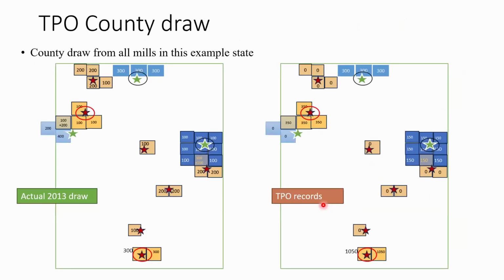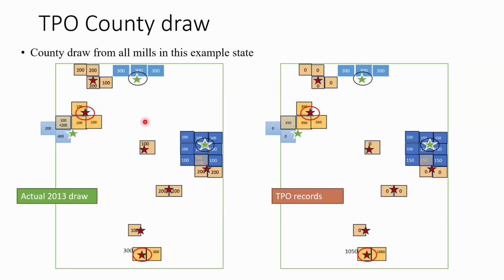County draw for all mills in the state. The selected mills are circled. So for the blue stratum, these 2, and for the red stratum, these 2 mills. We can see that a county procuring for a single mill will be underestimated if the mill didn't get selected, and overestimated if it gets selected.